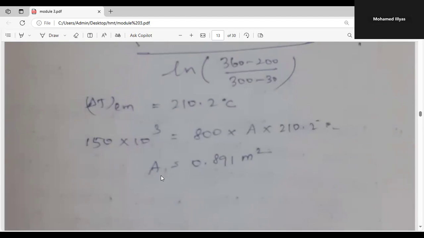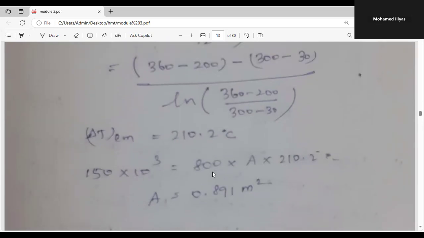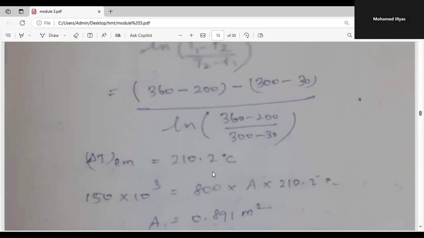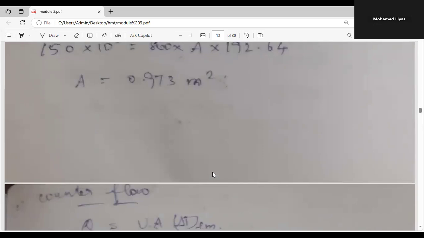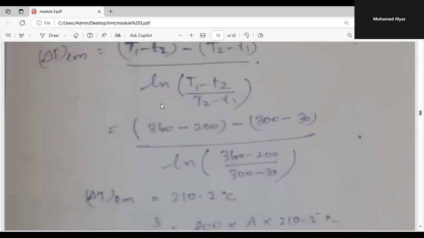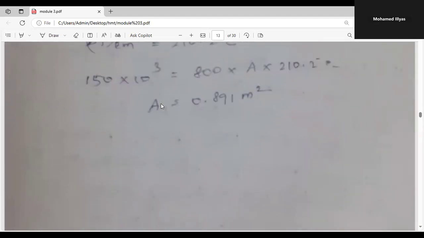So we got the area as 0.891 meter square here. Comparing the values of area for both parallel flow and counter flow types for the same temperature difference, we got 0.973 for the parallel flow and 0.891 for the counter flow.